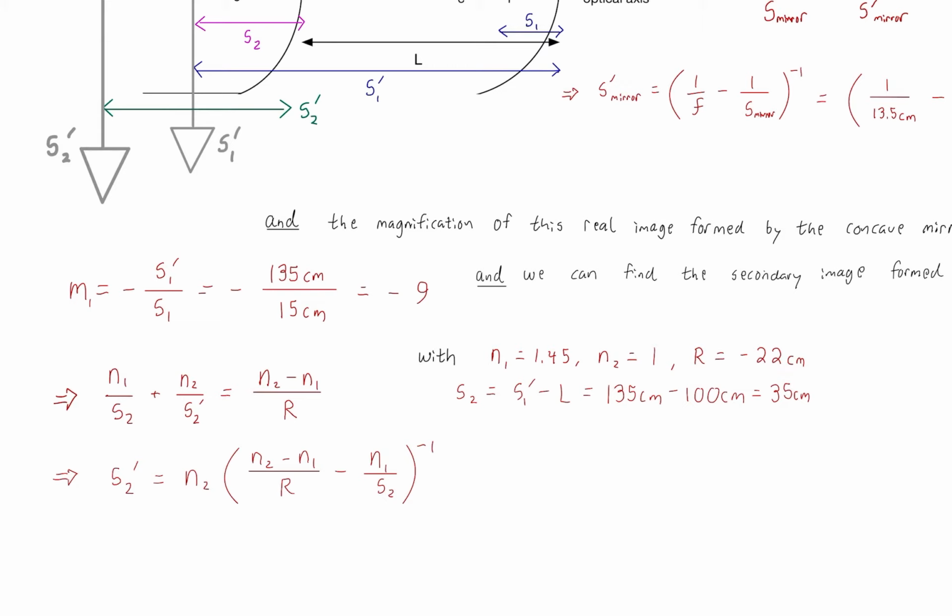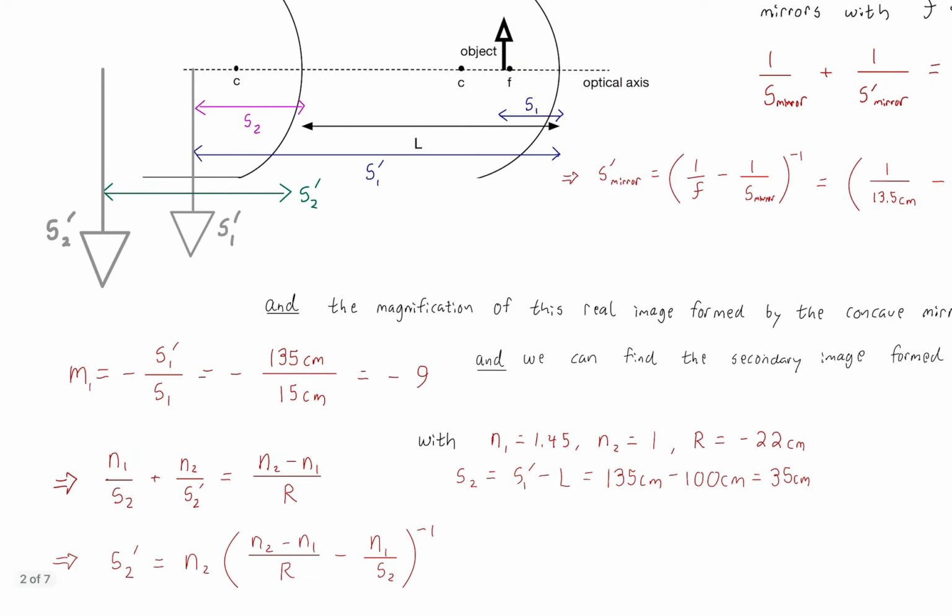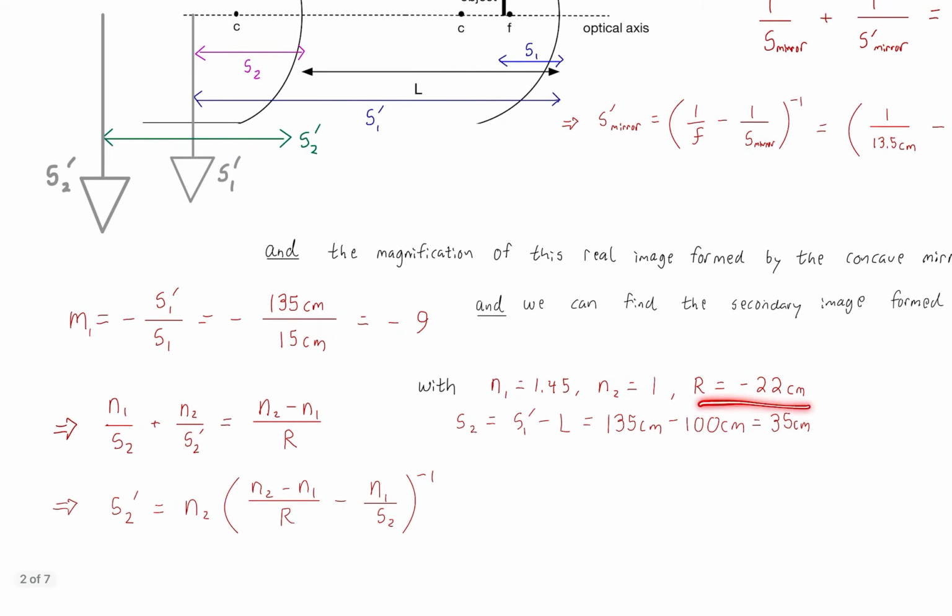Because it's on the same side as S. Because you can see, S2 is over here, R is on the same side as S2, so it's a negative radius. And then we can find S2 by just taking S1 prime and subtracting L, which of course is just 35 centimeters.